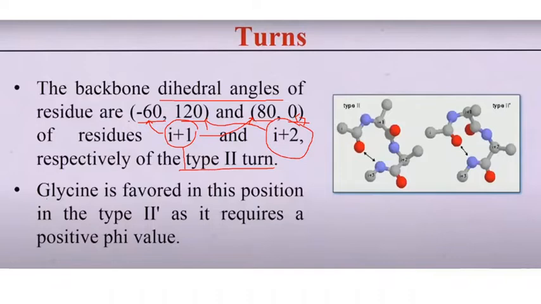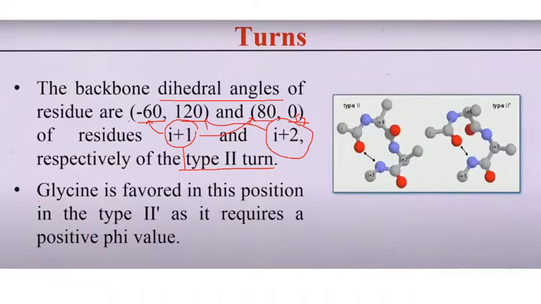See guys, there are specific amino acids which occur at that position in that particular turn, because that amino acid has the property to form such dihedral angles.